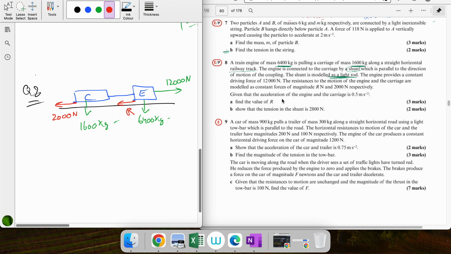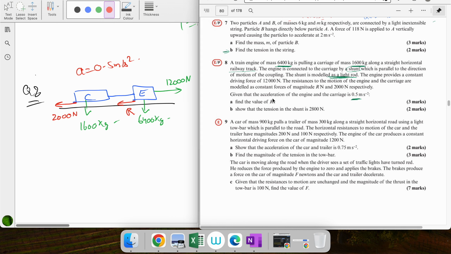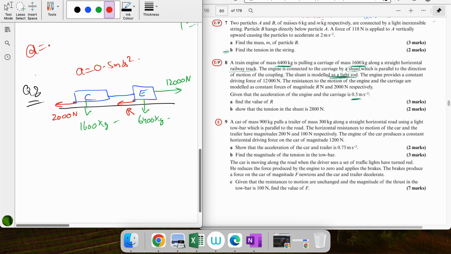Given that the acceleration is 0.5 meters per second squared, we have to find R, and then show the tension. Part A is R, and in part B we have to show that tension is equal to 2800 newtons.